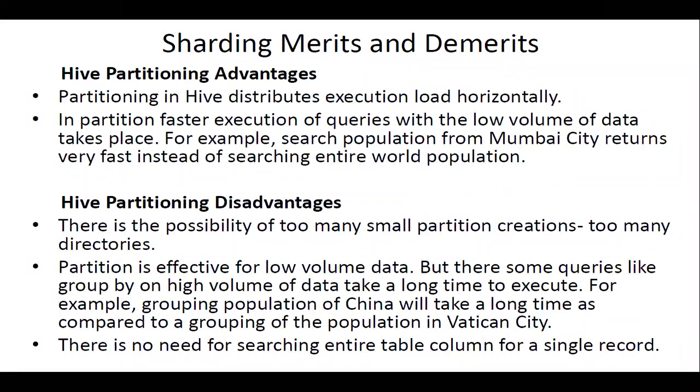Okay, so in that sense, Mumbai city will have one shard, and this Mumbai city shard will have very little data compared to the world population data. Okay, so working on very little data, which is the Mumbai city data, will be somewhat easier than working on the entire world population data. Okay, so in this way you can understand this, right?